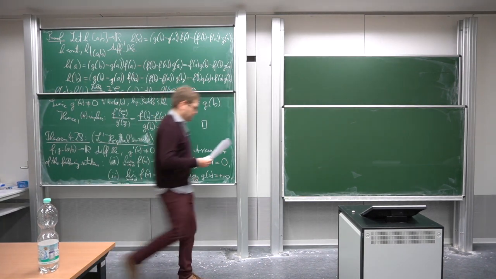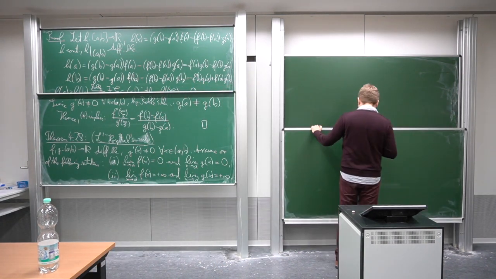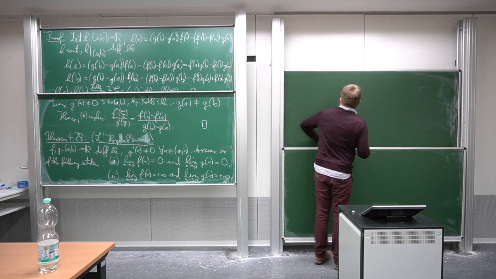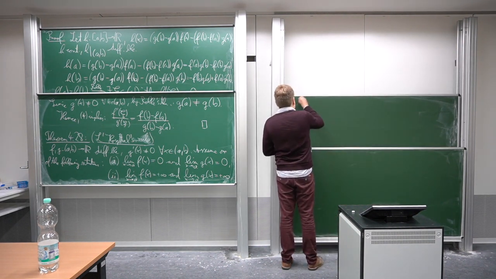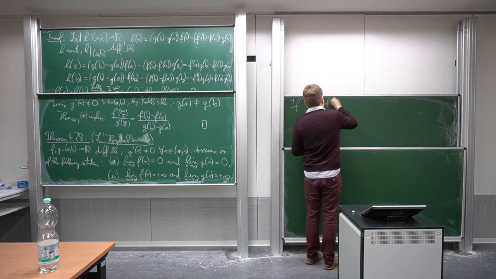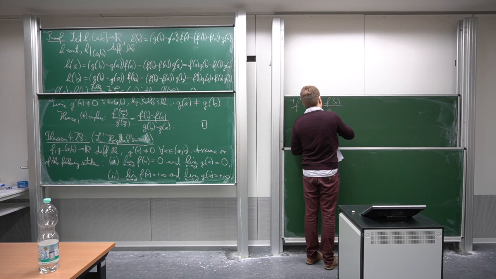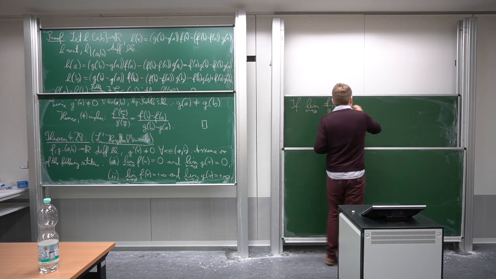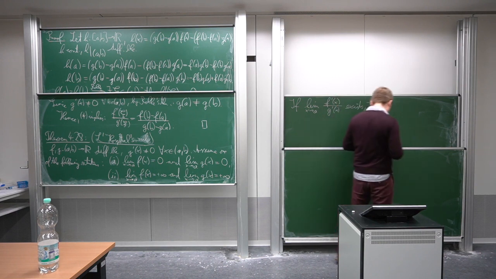Now L'Hopital found out that we can sometimes compute this limit by derivatives. Namely, if the limit of x going to a of f prime of x divided by g prime of x exists, then also the limit of the original functions exists.